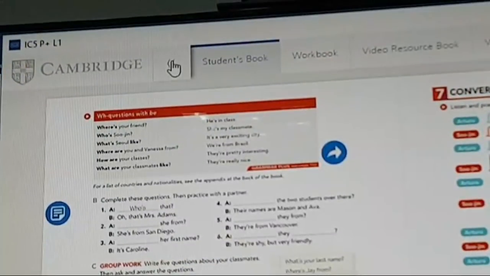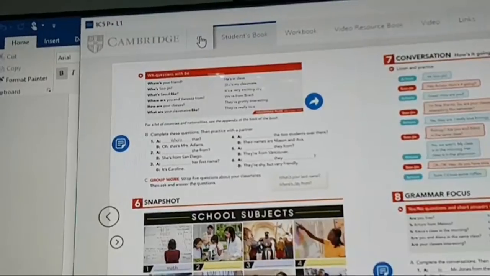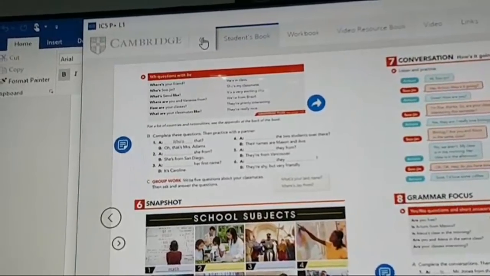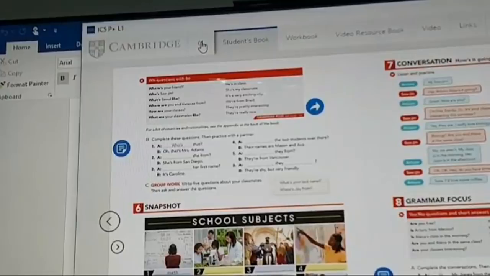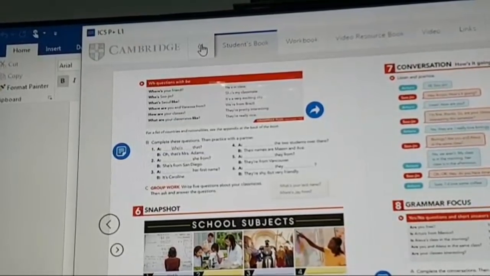Okay? We are partners in this. We are not just Cambridge providing you materials and that's about it. Quite the contrary, we are here to help you make the most out of your course books. We are here to help you have successful students.